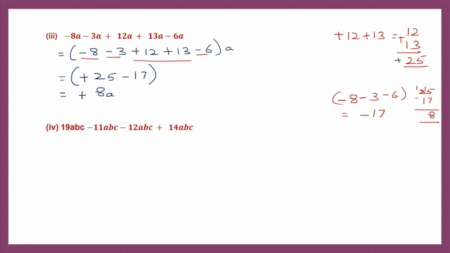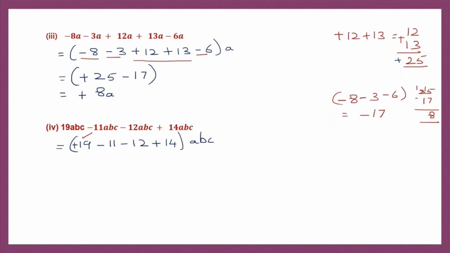Question 4. 19ABC minus 11ABC minus 12ABC plus 14ABC. So they're all like terms. Let's add it up: plus 19, minus 11, minus 12, plus 14 ABC. Again, let's take all the plus signs together.